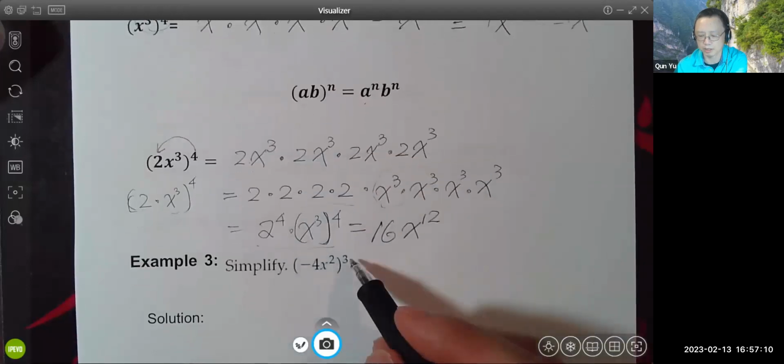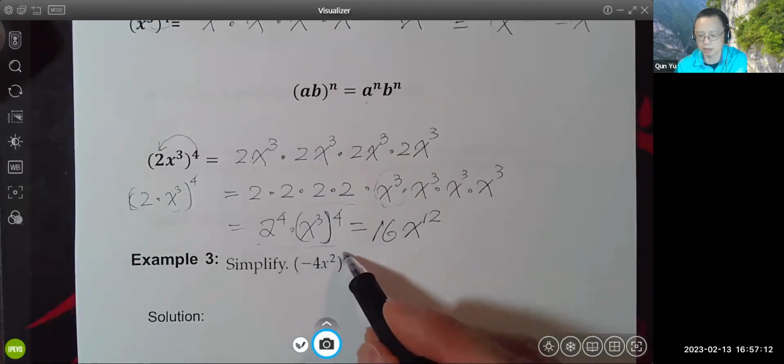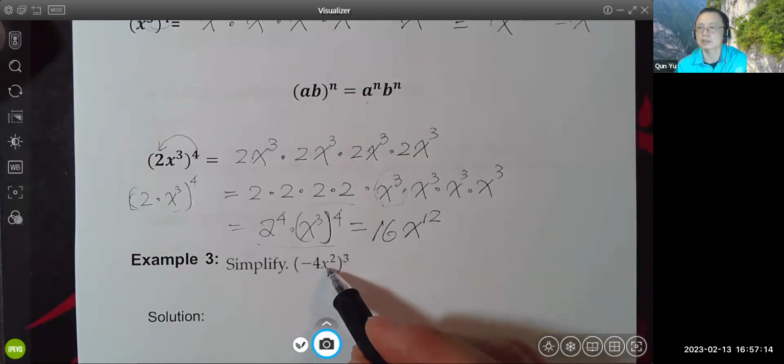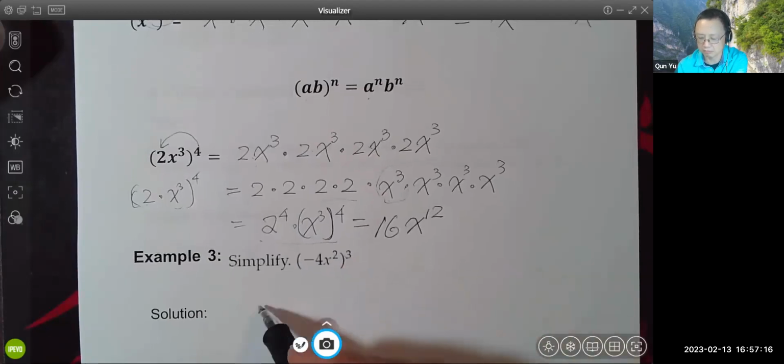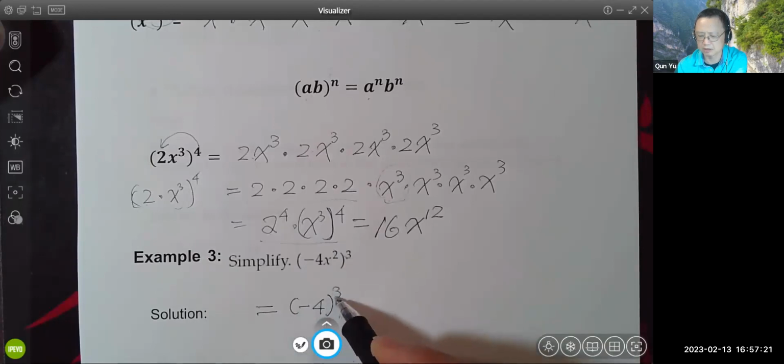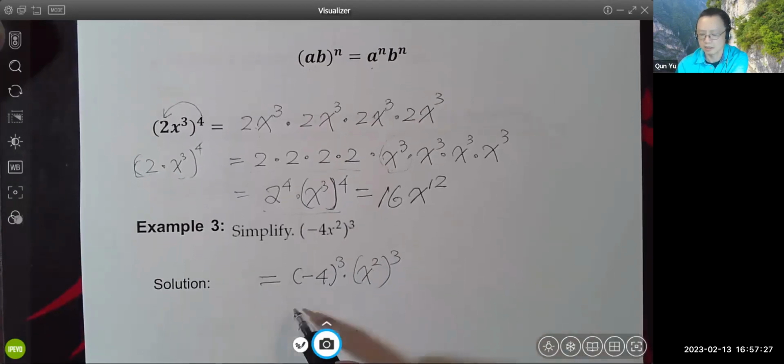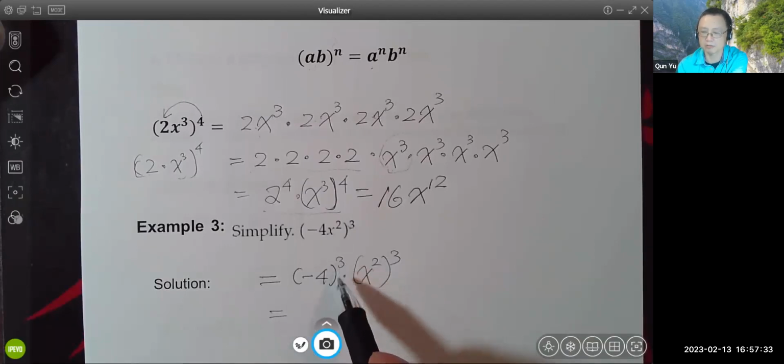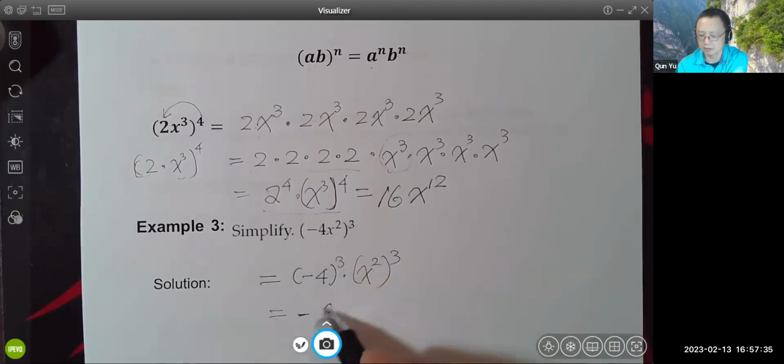You can distribute this exponent to each factor inside the base. So let's go ahead. -4 is one of the factors, and x squared is another factor. So we just do distribution. Then we multiply -4 by itself 3 times. We know a negative number multiplied by itself an odd number of times, the result is negative. So -64.